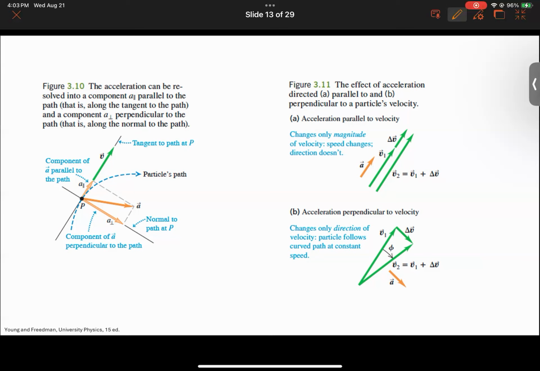Okay, so at point P, yung velocity niya is tangent to the path at point P.